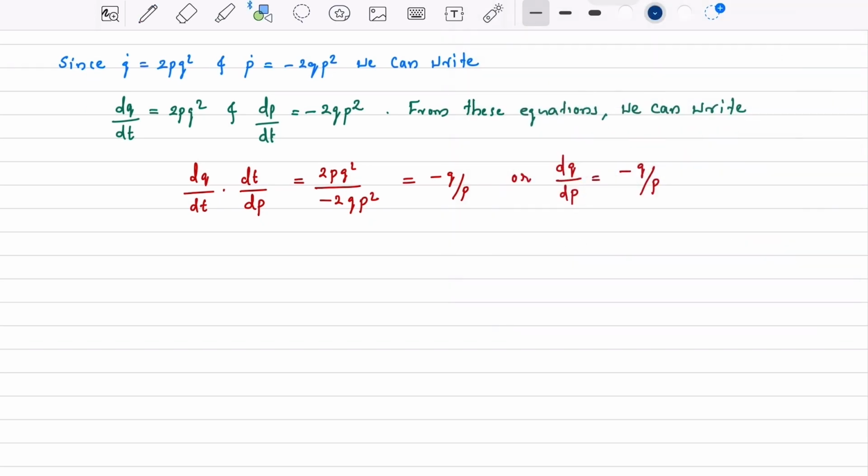So we are arriving at this equation: dq by dp is equal to minus q by p.